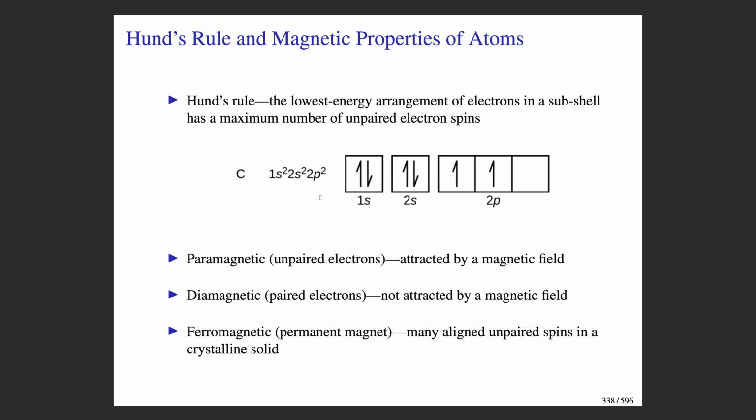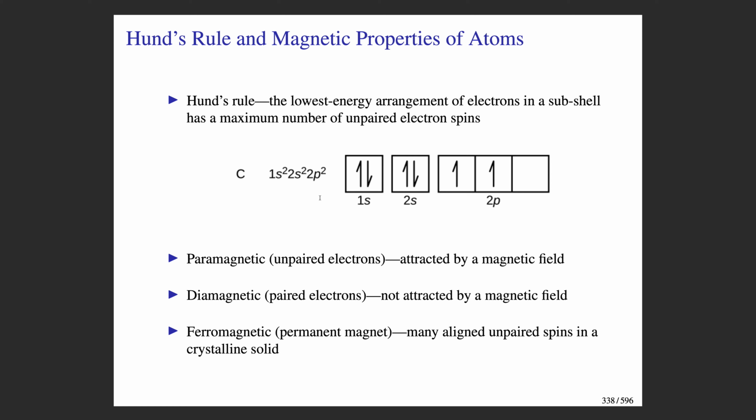So there's a magnetic interaction between a paramagnetic atom and a magnetic field. However, when all of the electrons are paired, the little bar magnets on the electrons cancel one another out. So a spin up electron cancels out the magnetic effect of a spin down electron, and vice versa. And so if all of the electrons in the atom are paired, there is no interaction with the magnetic field, or else it's very, very weak.